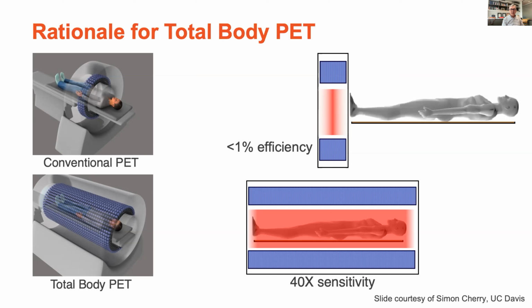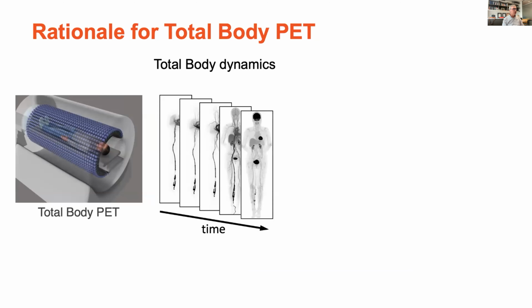So the rationale for total body PET is very straightforward: simply cover as much of the body as possible with PET detectors. When you do that, you boost the overall sensitivity and efficiency of the system by at least an order of magnitude. In addition, you can now acquire dynamic data from the entire body, at relatively high frame rates.